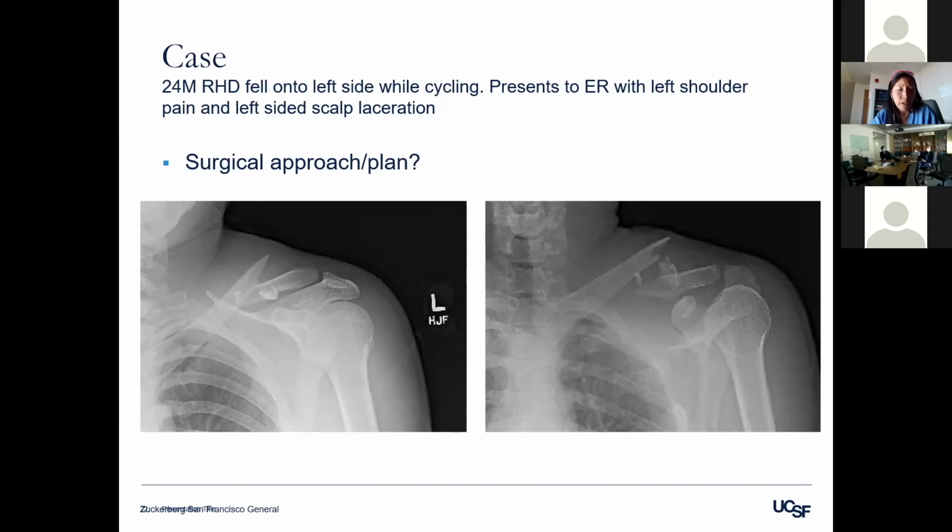Do you know any pros and cons of either one? Superior plating is probably a little easier to get access to and plate, but you can have more concerns with prominent hardware. You're also drilling down towards structures like the lungs, which are not amenable to screw fixation.